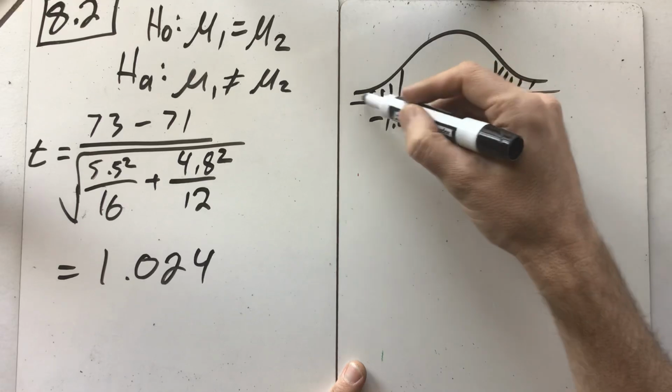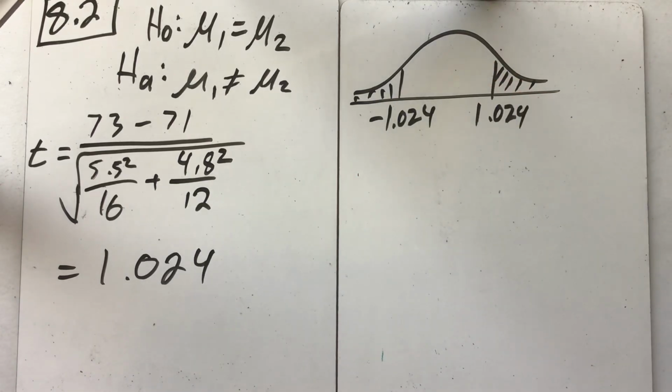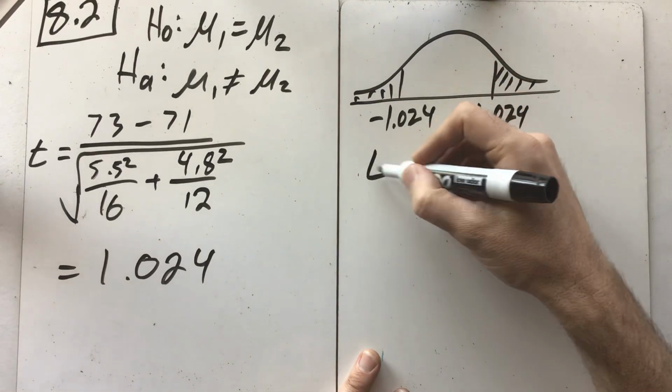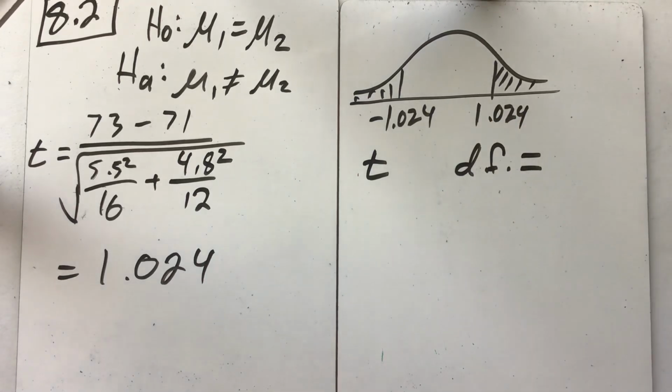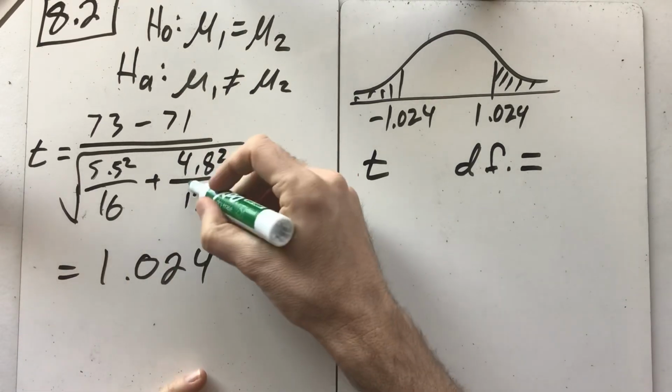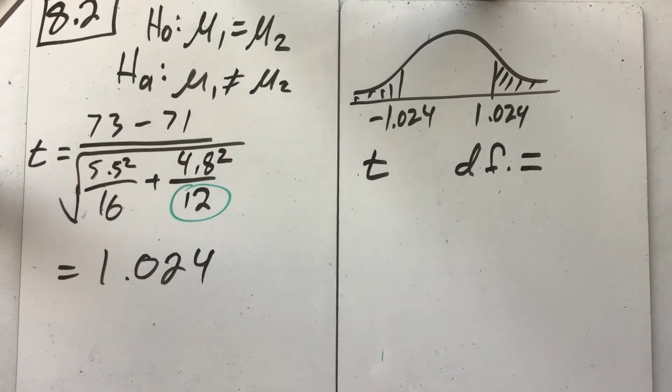And my p-value is both sides because it's a not equal to sign. But which are we going to use? We're going to use the t-distribution, and we're going to need degrees of freedom. And our degrees of freedom, well, we picked the smaller of these two. We have 16 and 12. 12 is the smaller number, so we're going to use 11 for our degrees of freedom. Okay, so let me grab my app out and see if I can make it go.